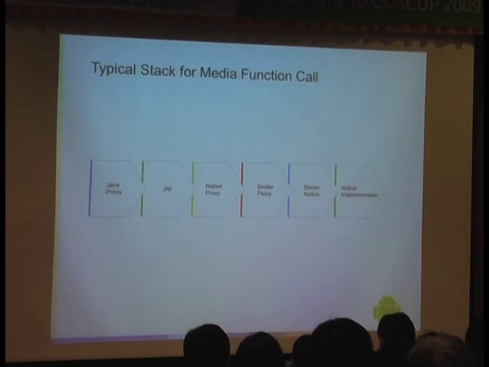And so that's the binder native code. And then the actual native implementation you'll find in mediaplayer-service.cpp. So for each call in the media player interface, there's a complementary call in media player service. It would be like media player service, media player client, and that's where the actual calls end up.